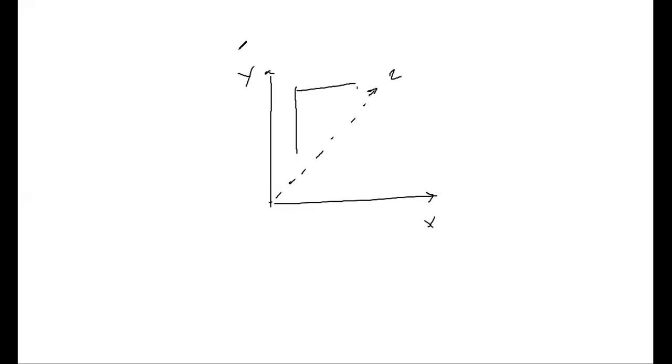Now I have a cube available in the three-dimensional space, so I can represent each of its coordinates. Here I have 1, 2, 3, 4, 5, 6, so 8 coordinates representing the vertices of the cube.